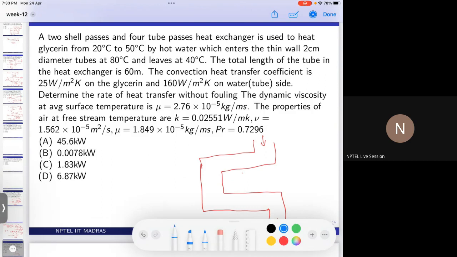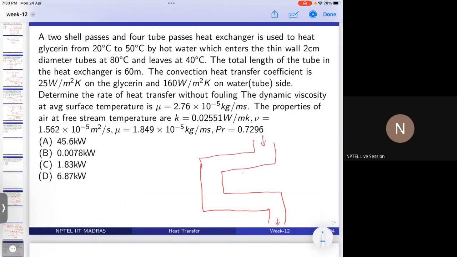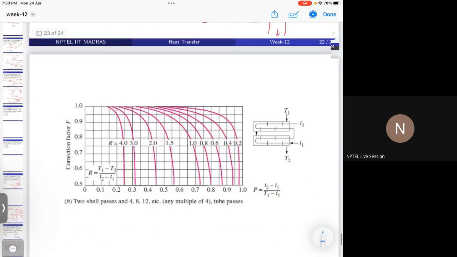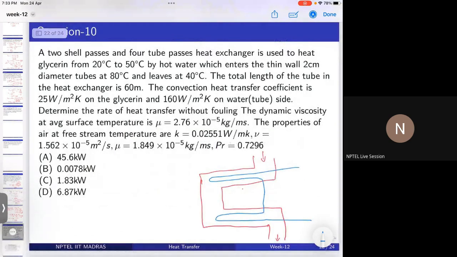This is the shell side, and the 4 tube pass is similar to this. So this is not like a normal heat exchanger that we have discussed till now. It is going through multiple times and all.